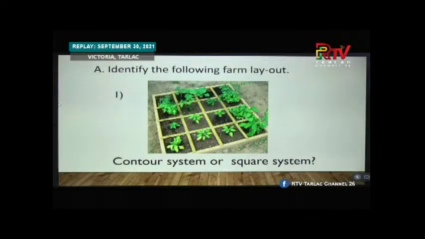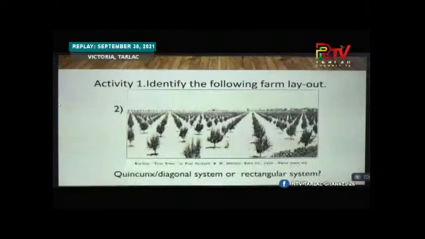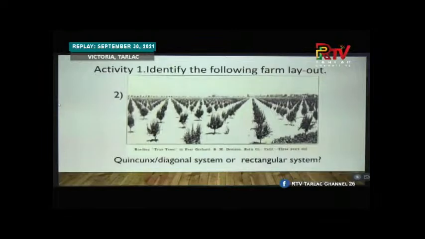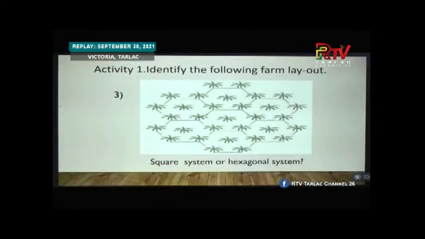Is it a contour system or a square system? Number 2. Is it a quincunx or diagonal system, or rectangular system? Number 3. Is it a hexagonal system or a square system?